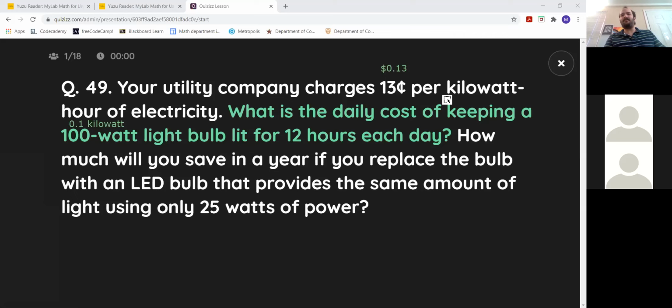And then we know they charge 13 cents per kilowatt hour. So take that into account. So I want you to give this an honest attempt. I do have this one broken down a little bit more on the next page. I'll give y'all a minute on this one.